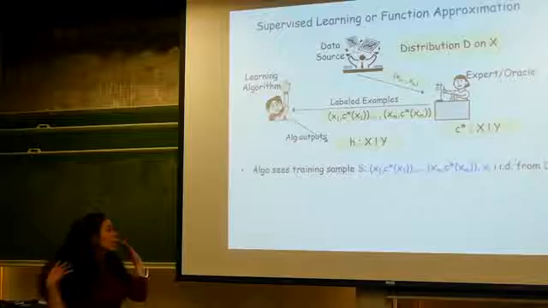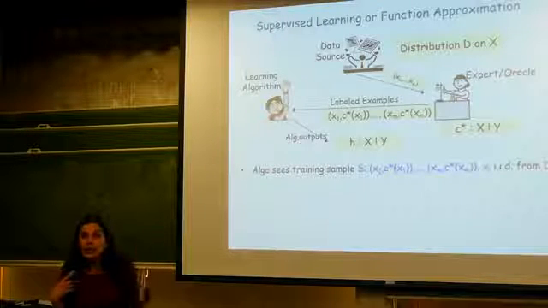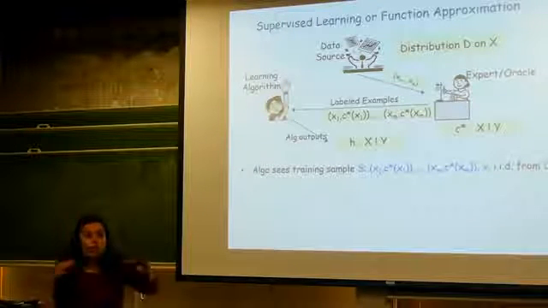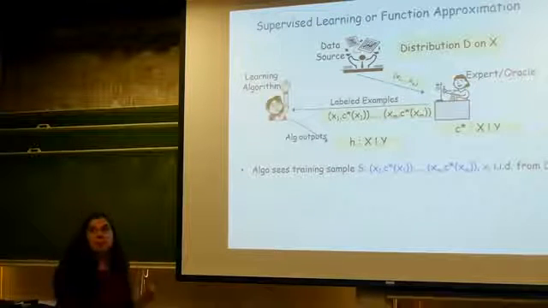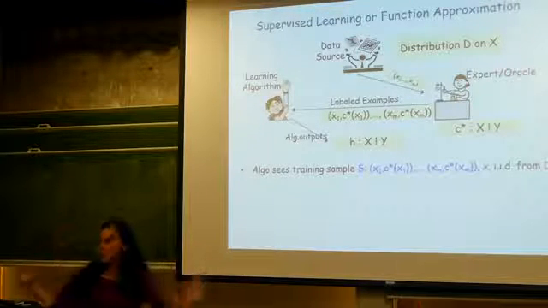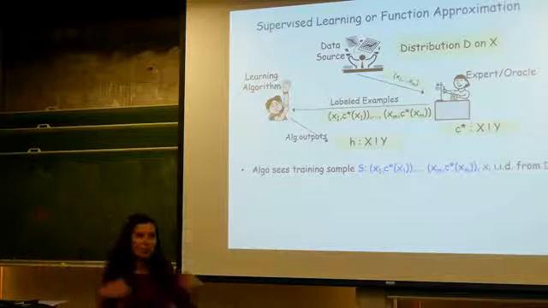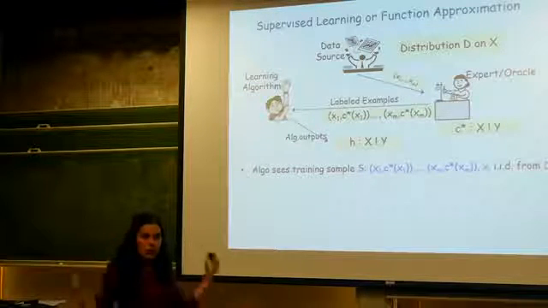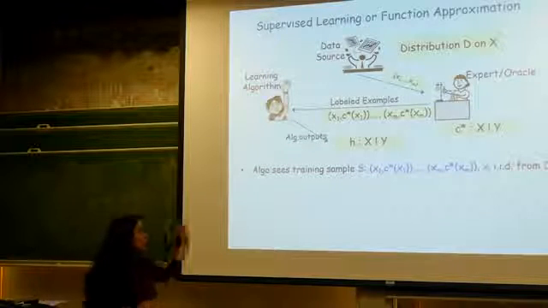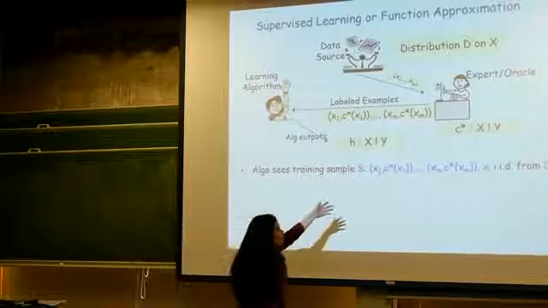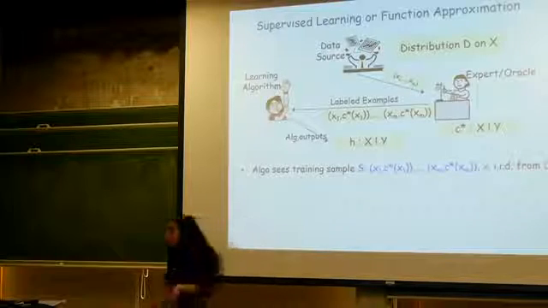So you get to see a sample that is identically independently distributed coming from the underlying distribution. Okay, so you get to see an IID sample, small, polynomial in size. And we don't want to see all the examples in the world, because otherwise we'll just be rote learning. So I want to see a small polynomial size sample. Okay, and for each example in the sample, we also get to see the label of the example.